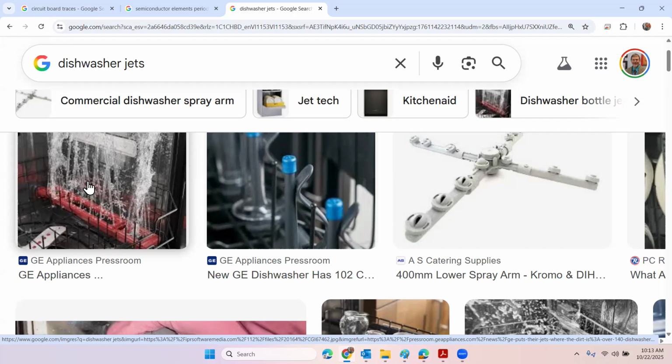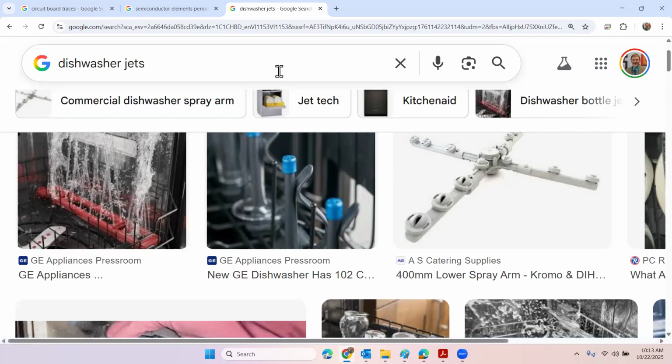The point I'm trying to make is that the water semi-flows in a dishwasher. It's controlled and it's recycled. And so there's a semi-flow of water in a dishwasher.